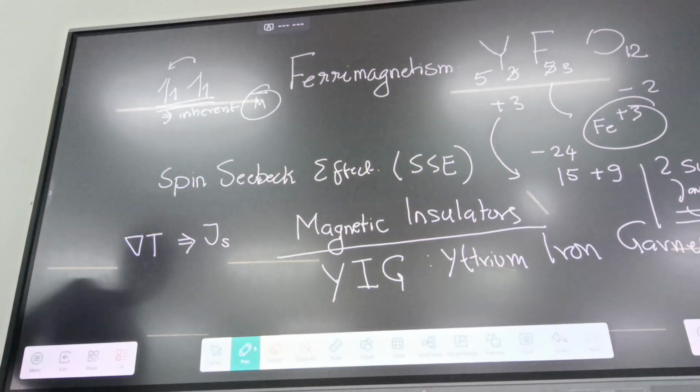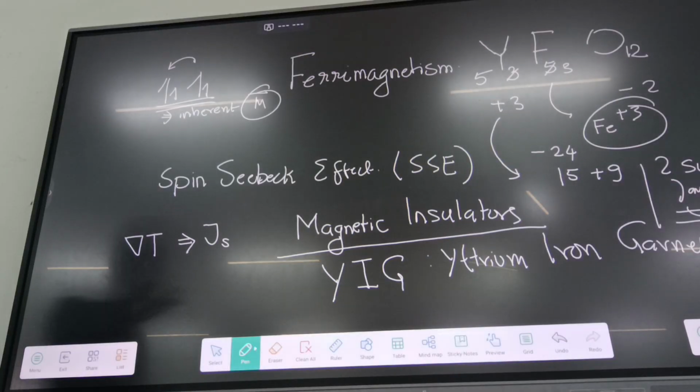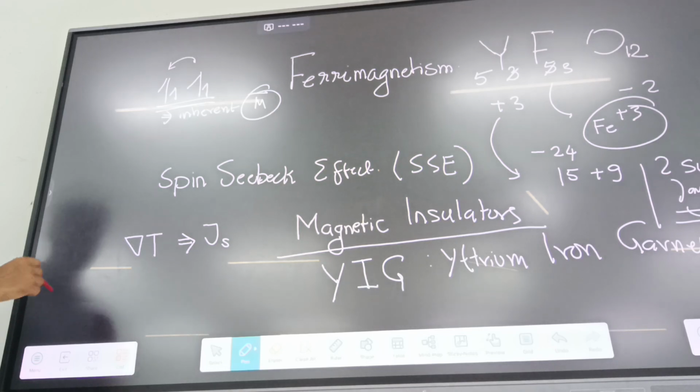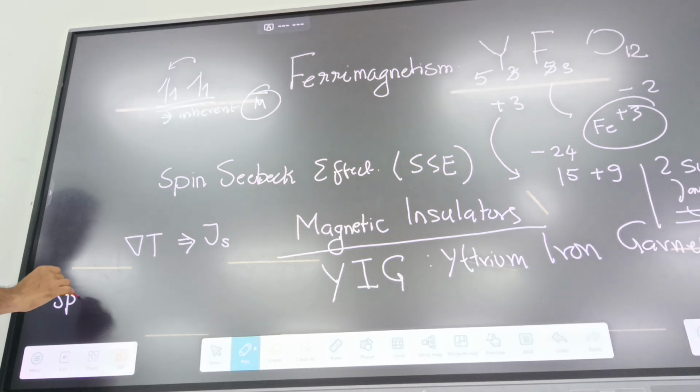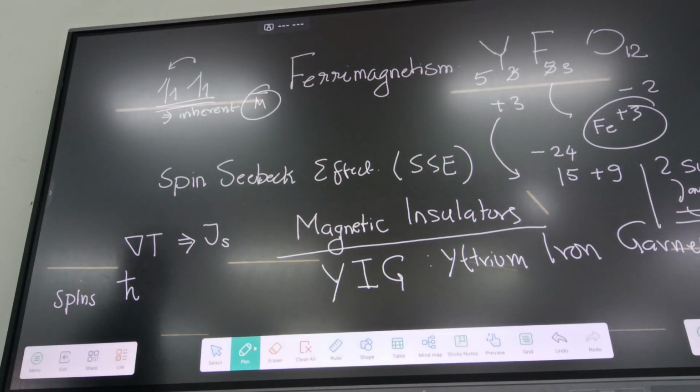अच्छा, now it is coming back to this magnetic insulators. Magnetic insulators में खासियत है कि यहाँ पे only the spins are having momentum, spin angular momentum, but there is no electronic charge movement. इसलिए इसको insulator कहा जाता है.